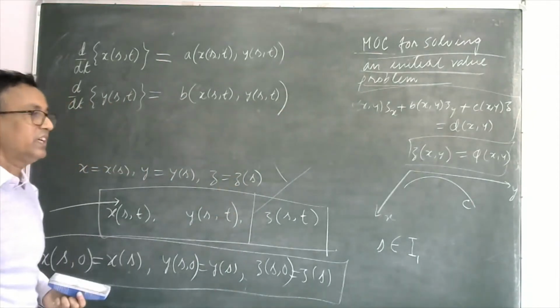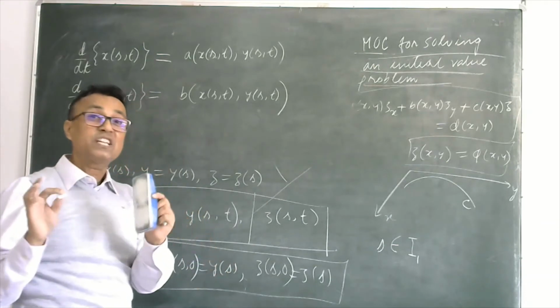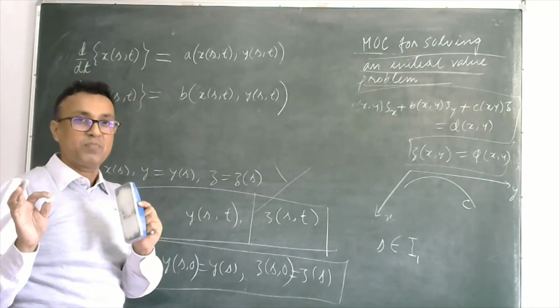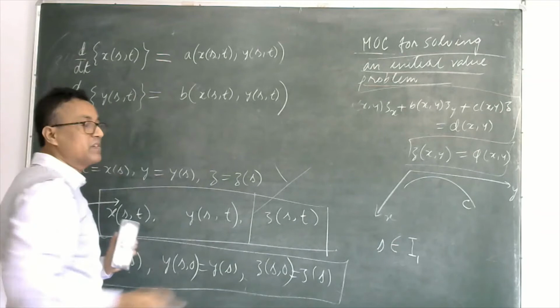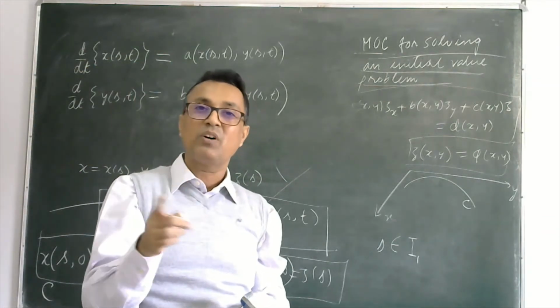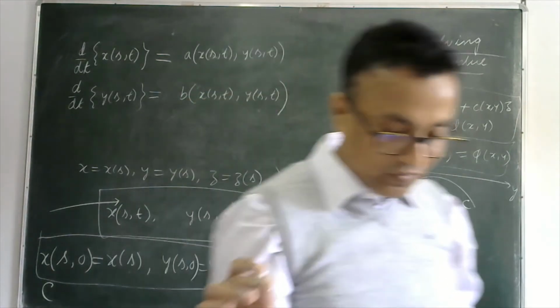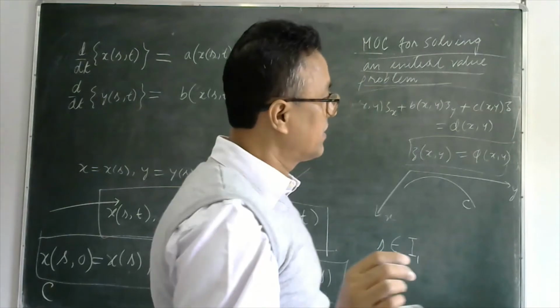Right? Okay? And this is going to be satisfied along the characteristic curve. Remember, this A and B came from the original differential equation, right? And when we were talking about the directional derivative there, is it okay? Fine?